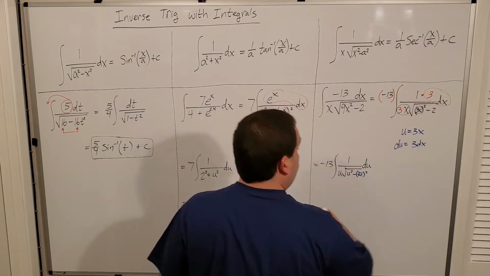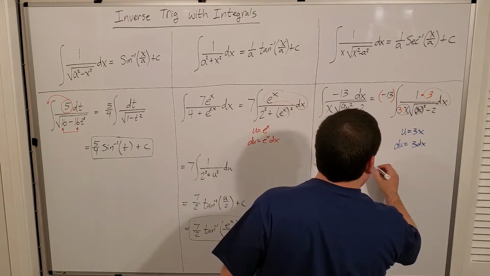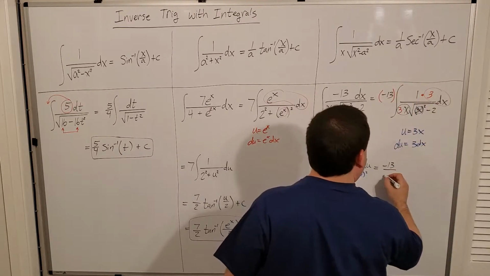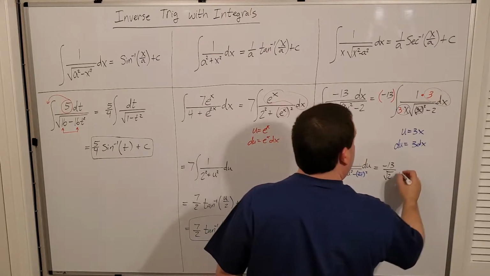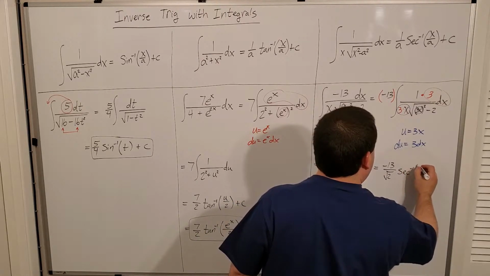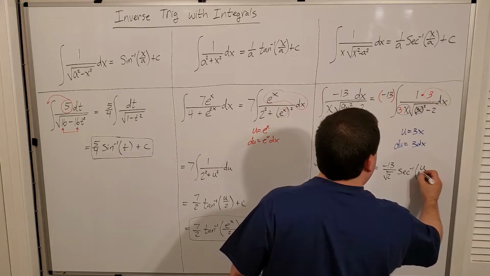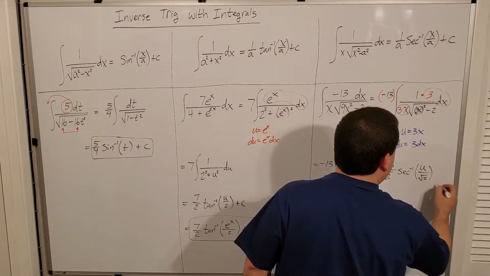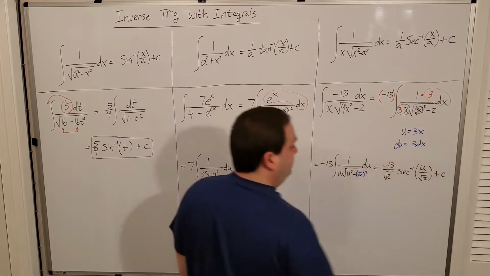So then I'll do the antiderivative here. That's going to be negative 13 over a, so it's over square root of 2, inverse secant of u, my variable right now, over square root of 2, plus c.